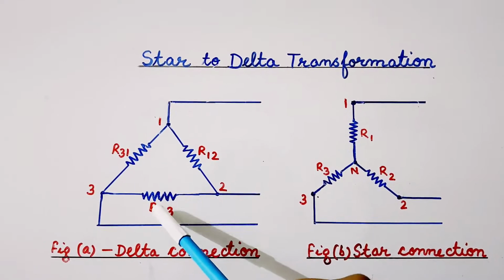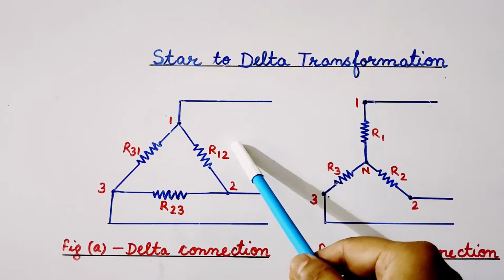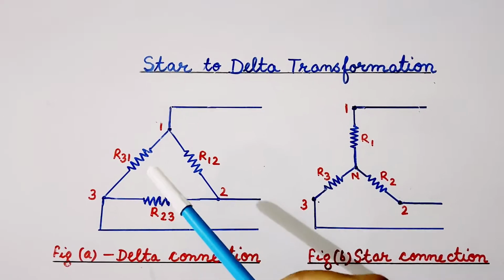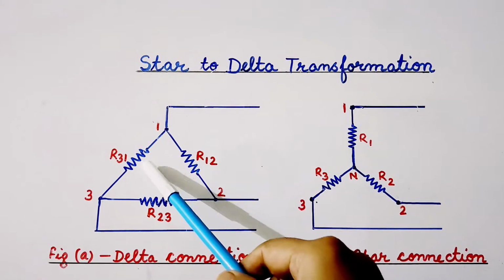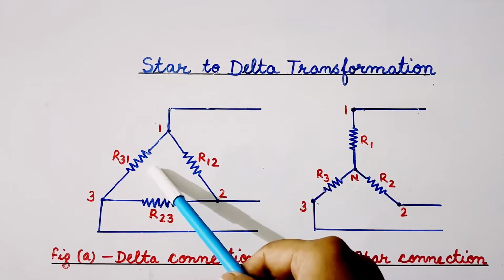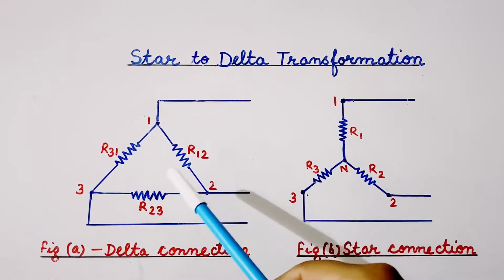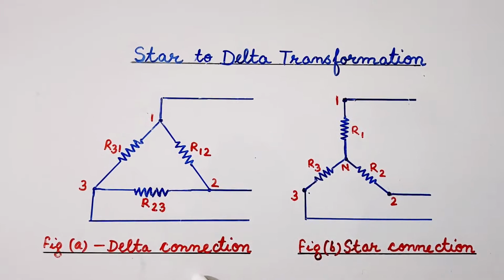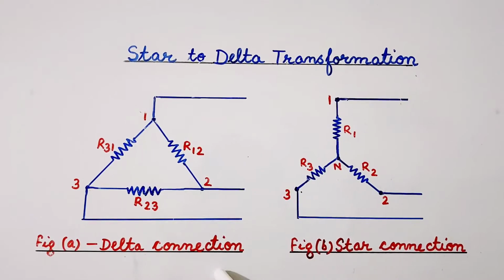Similarly, one end of R23 is connected to R12 and the other end of R23 is connected to R31. Similarly, one end of R31 is connected to R12 and the other end of R31 is connected to R23. Then this type of connection is called delta connection, which is also called pi connection.